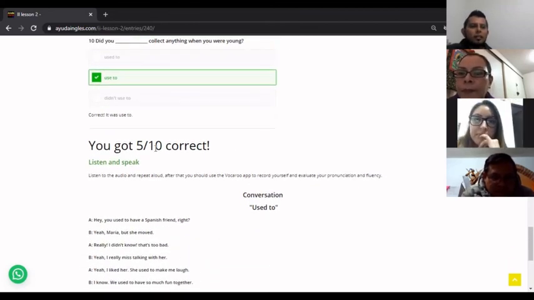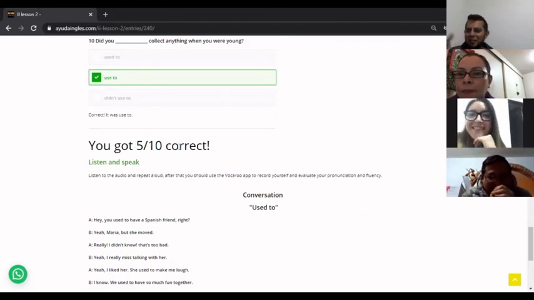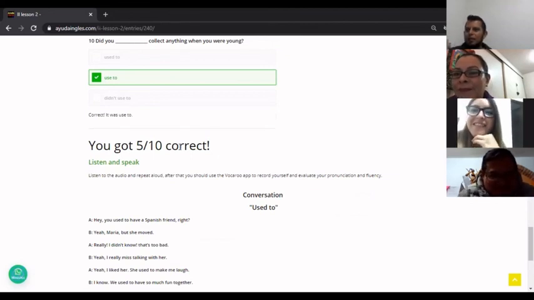Well, you got 5 of 10 in this. So you were kind of confused in some. So you need to be careful with the second sentence, okay? You need to check the context of the complement to know if it's going to be affirmative or negative, okay?